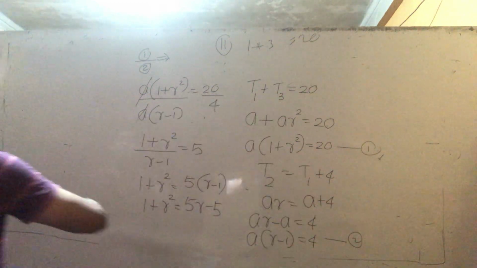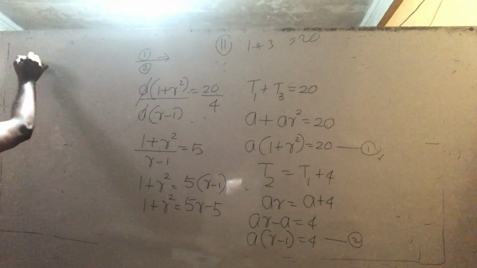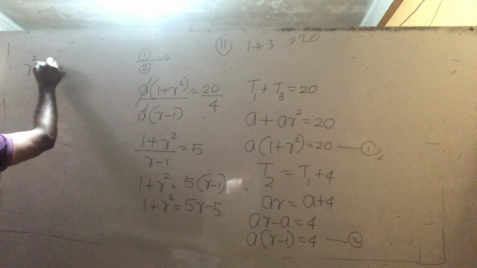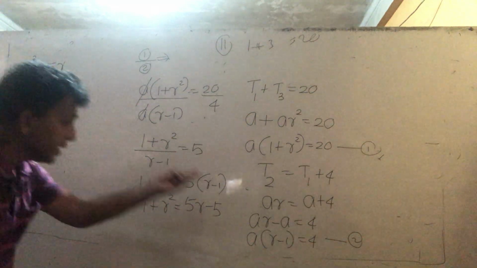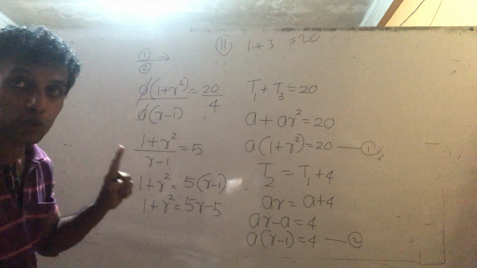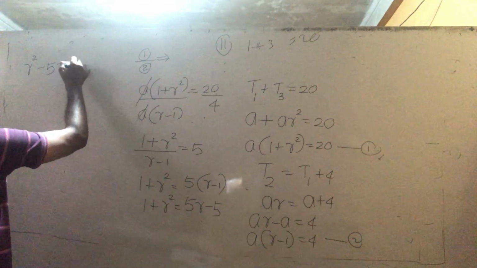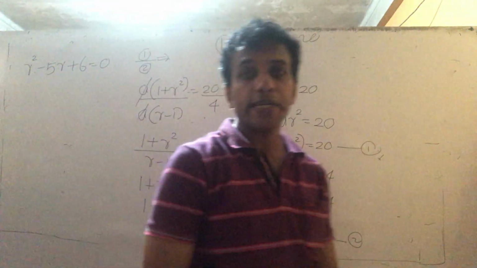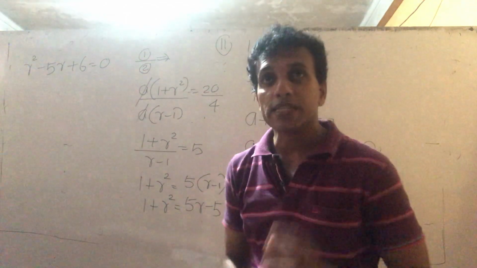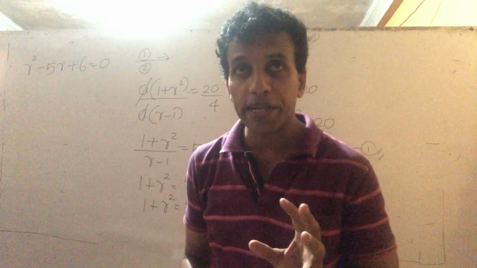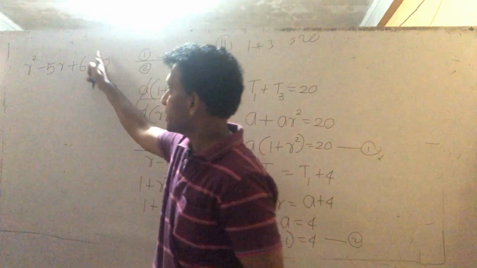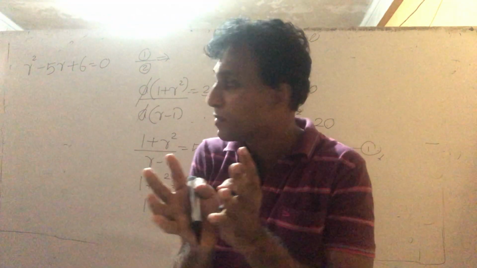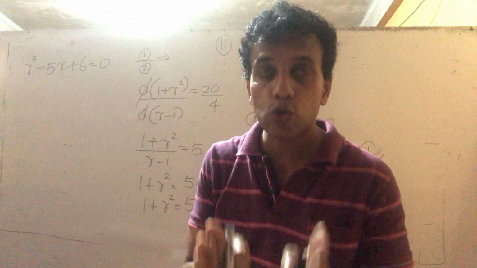You know the quadratic pattern. Take everything to one side: r square, this 5r goes to this side as minus 5r, and minus 5 goes to this side with the 1, therefore totally 6, equals 0. This is the quadratic equation. Now I factorize it. The multiple is 6, so 2 and 3. 2 and 3 give 6, and to get minus 5 we take minus 2 and minus 3.